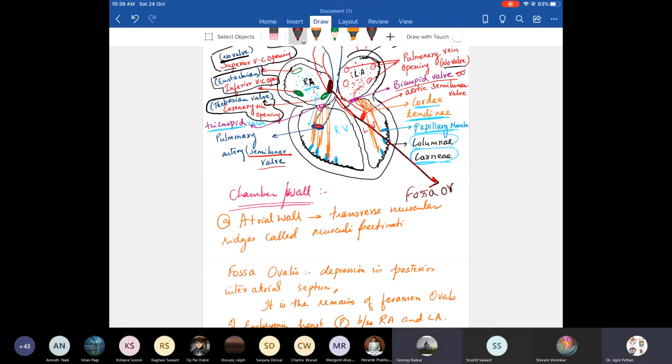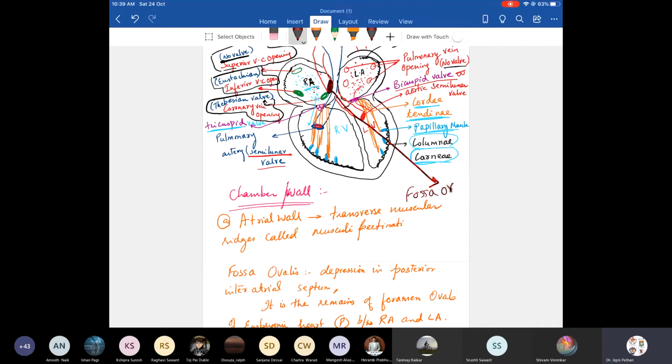What is fossa ovalis, you said? Fossa ovalis is present between the right auricle and the left auricle. Actually, listen, what exactly it is. Fossa ovalis is the remains of the foramen. Foramen means hole. Have you heard about the hole which is not filled in the embryo?